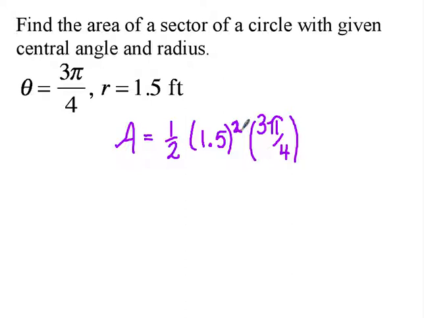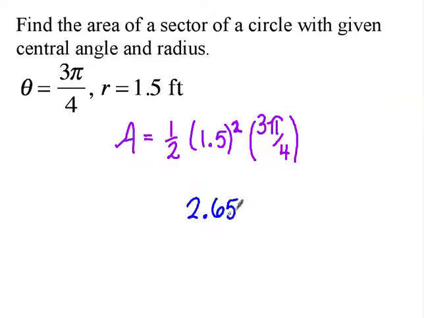Take that times 3 times pi. And then divide it by 4. Just hit the division sign and hit 4. 2.65.